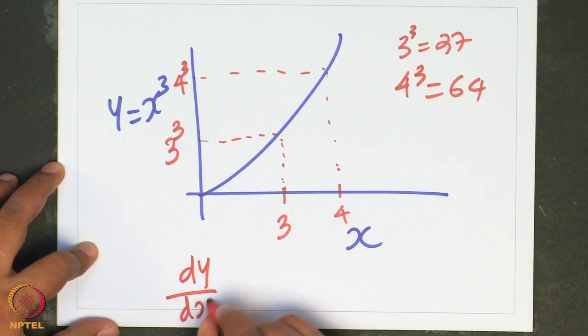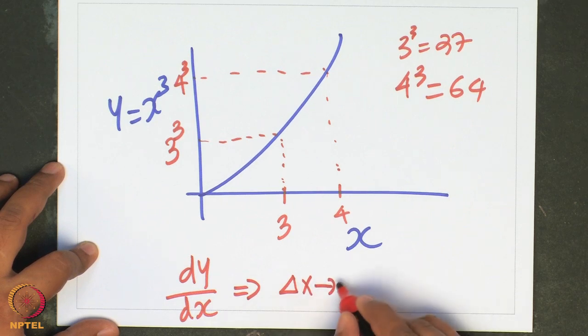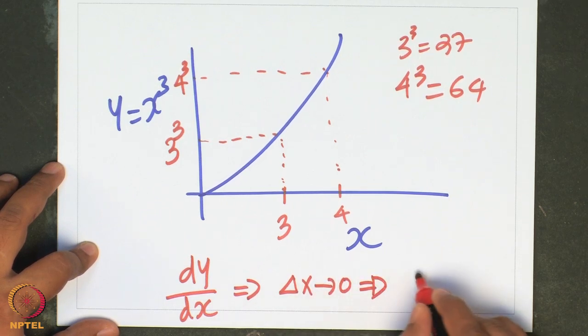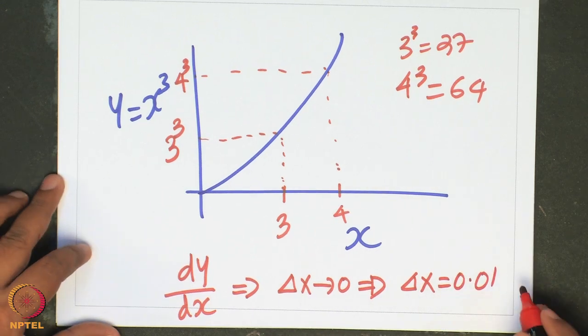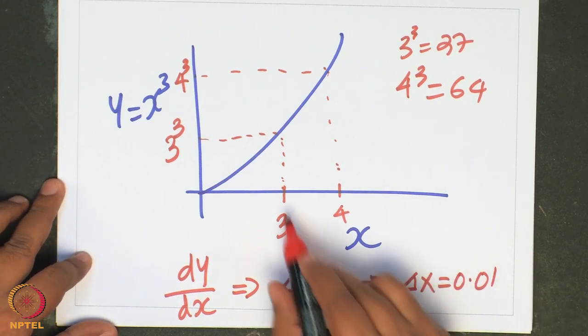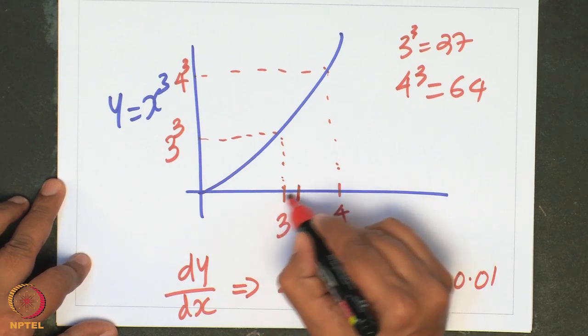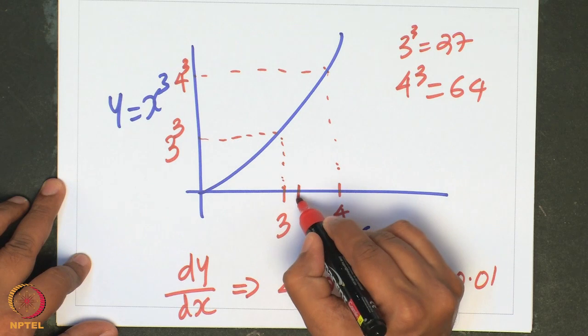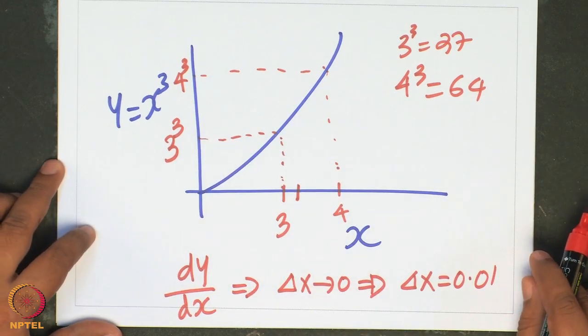Now as we said, to calculate the derivative dy by dx, we should calculate with the smallest delta x possible. So we want delta x very small. Let us take delta x equal to 0.01, which is small. So you take 3 and 3.01, very close, and calculate the corresponding y values.